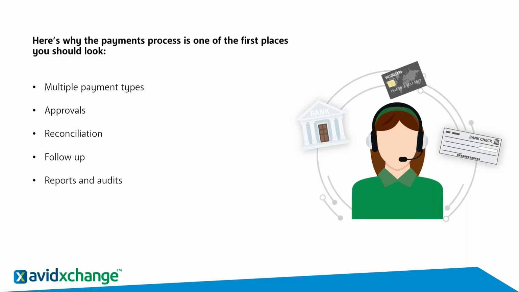So why should you look at payments first as one of the places that you should automate? Because you've got such a multiple array of ways that you're paying vendors. I'm not sure how many ways you folks on the webinar are paying vendors, but we've seen a tremendous amount. You've got wire, you've got check, you've got ACH.